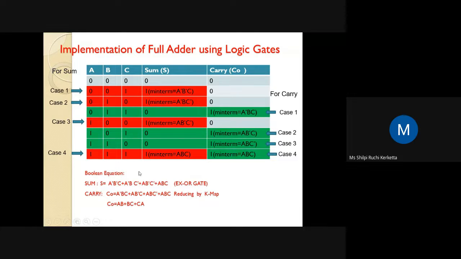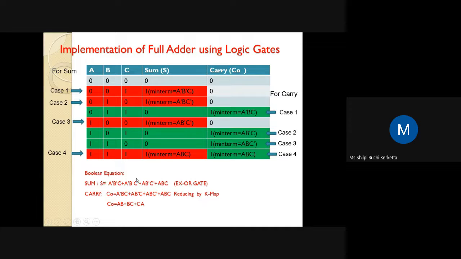So we will write the second term. Then here we are getting a 1. So we will see all the inputs for this. So what is the input? 1, 0, 0. So it becomes A into B bar into C bar. So this is the third term, and here we are getting a 1. So that is becoming like 1 into 1 into 1. So it is A into B into C. Okay, so this is our last term.